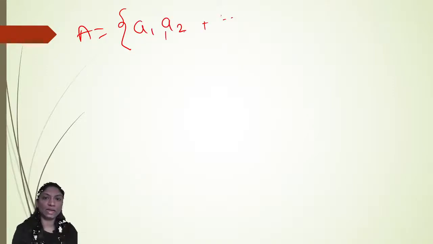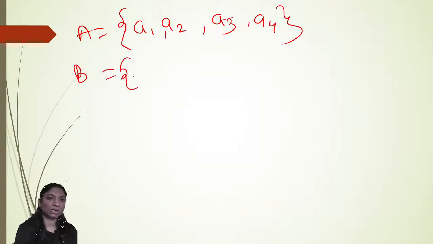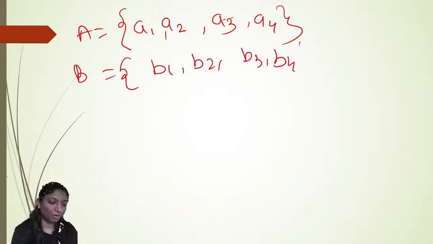Now see, for example, suppose f is a function. Suppose A is any set containing the elements a1, a2, a3, a4, and B contains the elements b1, b2, b3 and b4, right?